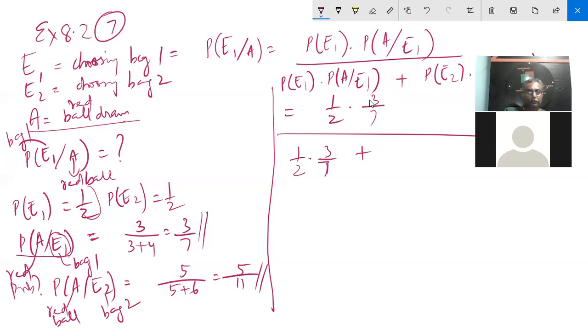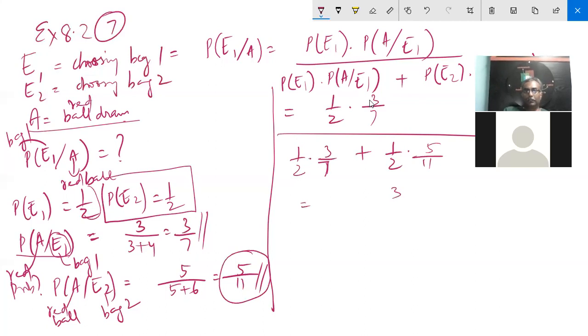How much is P of E2? 1 by 2. Half into P of A by E2, 5 by 11. That is equal to 3 by 14 divided by 3 by 14 plus 5 by 22.